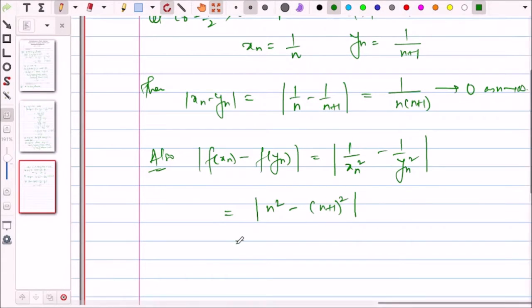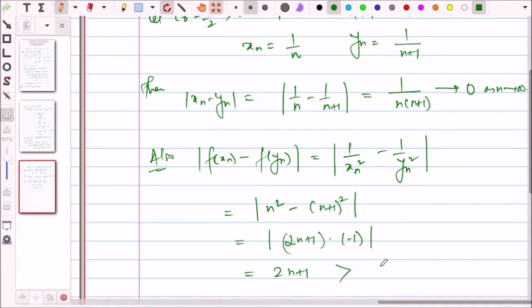This is nothing but 2n plus 1 into 1. We are using the formula a square minus b square equals a minus b, a plus b, so we are getting this. So this is equal to 2n plus 1, which is greater than epsilon naught, which is equal to half.